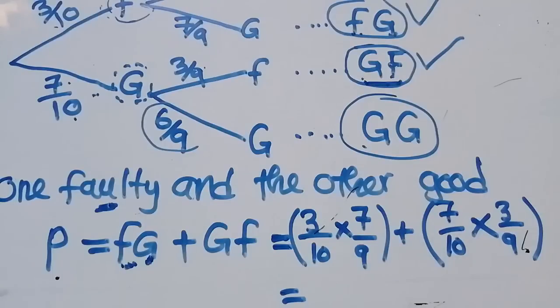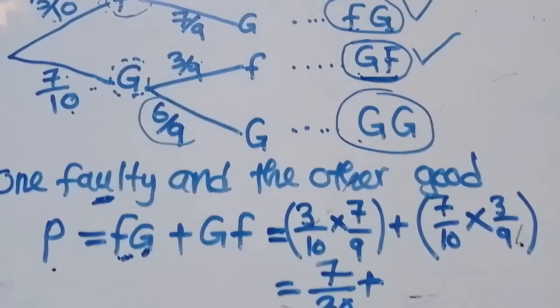If I multiply these two, I'm getting 7 over 30. If 3 over 10 times 7 over 9, what is the answer? 7 over 30. Plus.